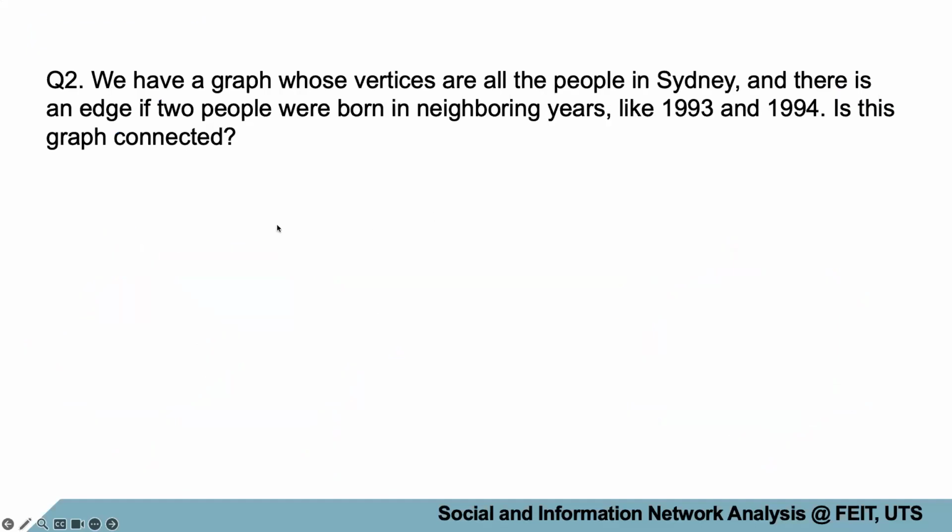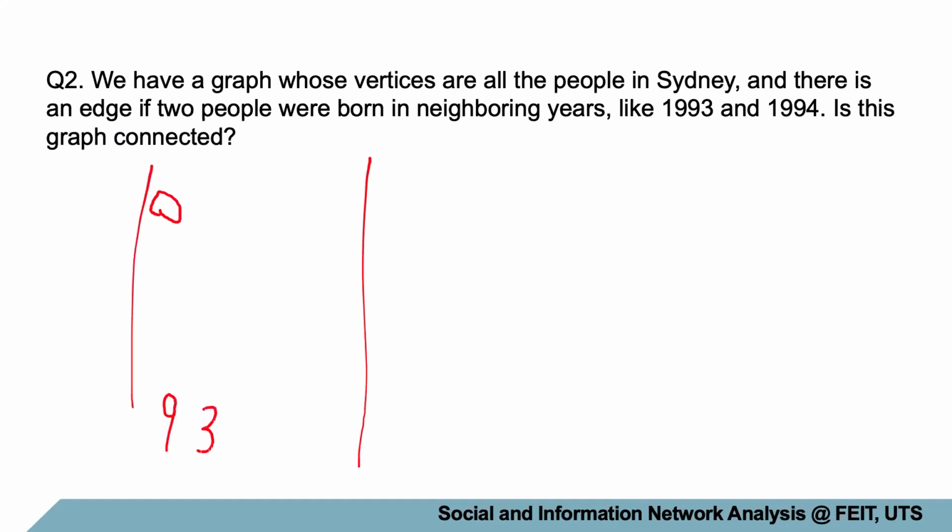So in this question, if we draw the graph of all the people in Sydney, and draw edges between the people, let's say people born in 1993, like all these people, and people born in 1994, it'll be like this.